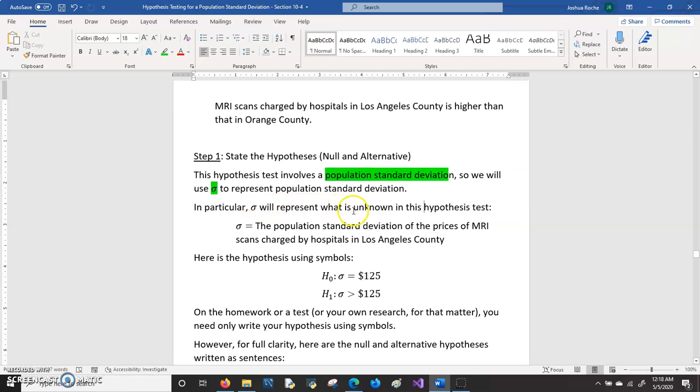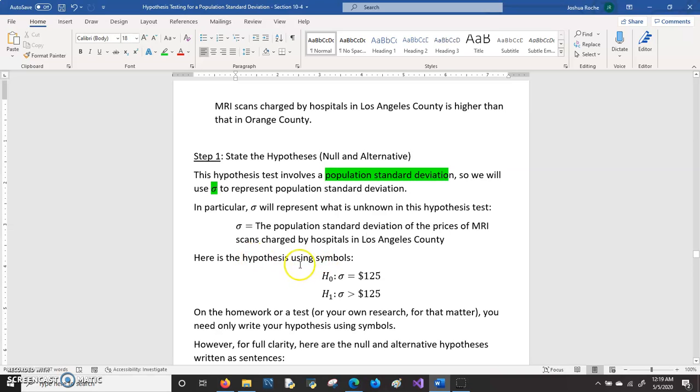And sigma represents what is unknown in this hypothesis test. The unknown is the actual population standard deviation of prices charged by hospitals in Los Angeles County. So in this problem, Orange County is known. It's known what their standard deviation of prices is. But what's not known is the standard deviation of Los Angeles County prices.